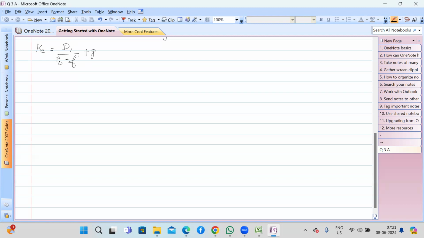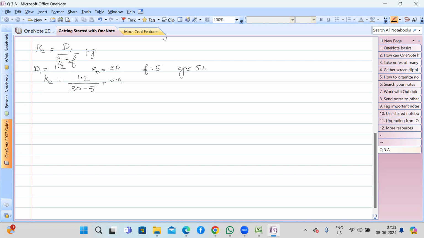F here, I'm referring to flotation cost. D1 in this question is 1.2. P0 is market price, that is 30. F is flotation cost, which is 5. G we have been given as 5%. So KE is equal to 1.2 divided by 30 minus 5 plus 5%, which is 0.05.